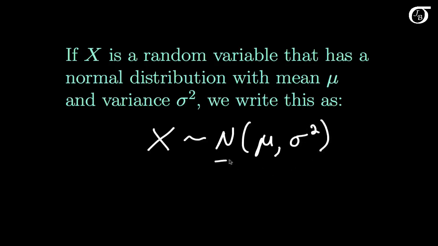X is distributed normally, a big N. First term is the mean, second term is the variance. Be a bit careful here, as different sources can have a different term in here. Sometimes people have the second term representing the standard deviation. I have the second term representing the variance. So just be a bit careful with that.